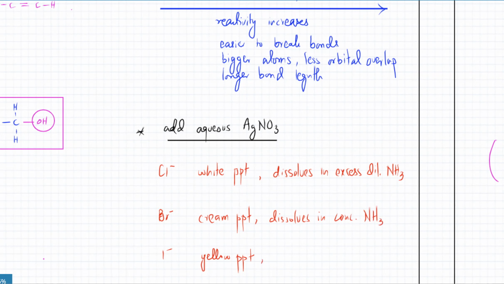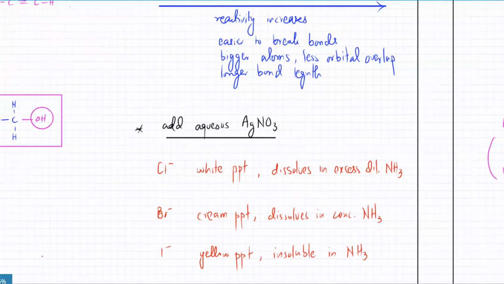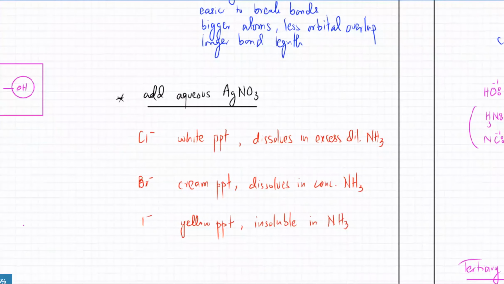And the last one is insoluble in NH3, no matter how concentrated it is. So those are the three tests for identifying what halogen is present in the halogenoalkane.